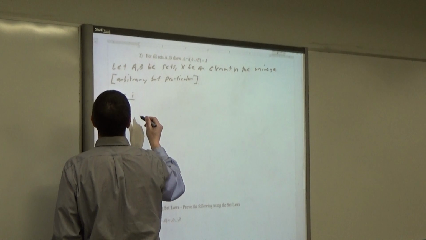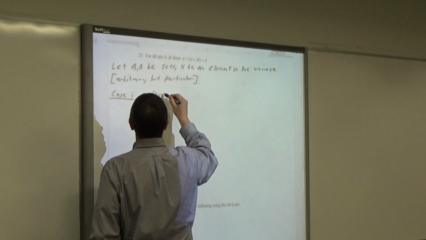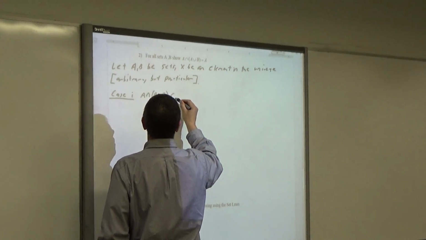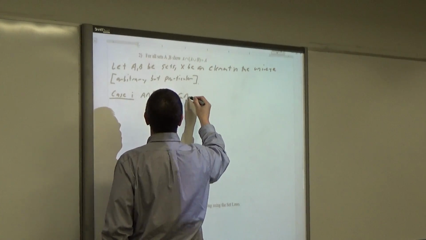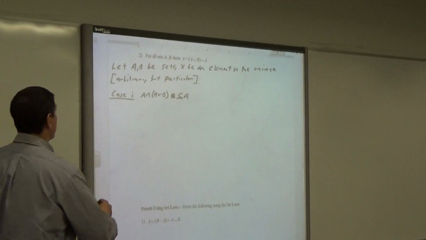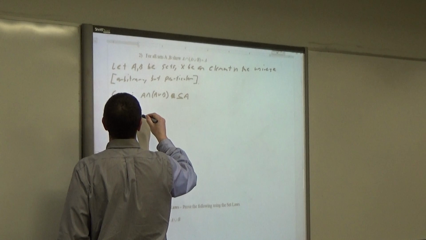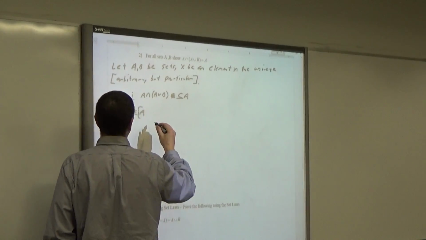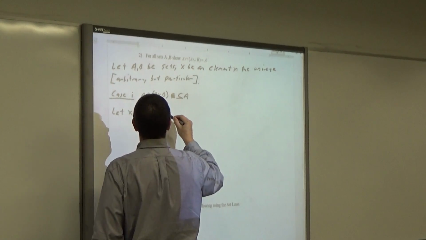Case 1, what I'm trying to show is that A intersect (A union B) is a subset of A. All we have to do is let X be an element of A intersect (A union B).